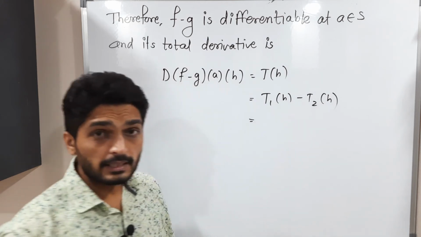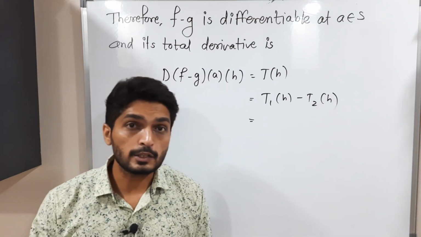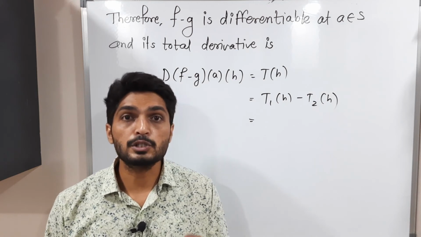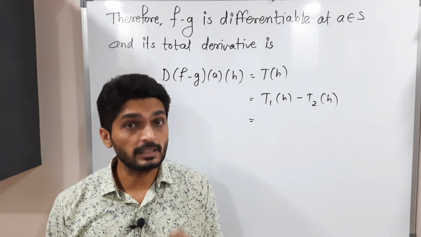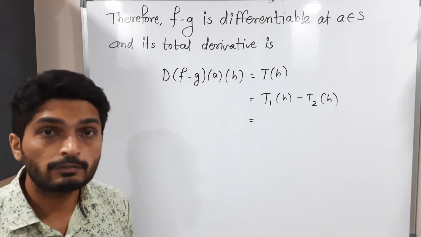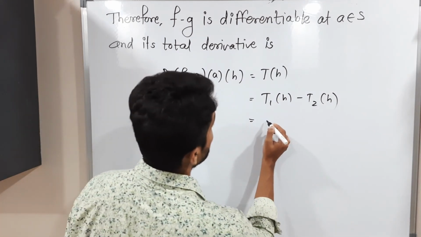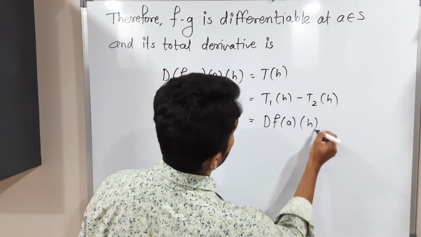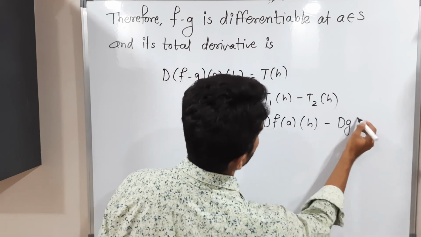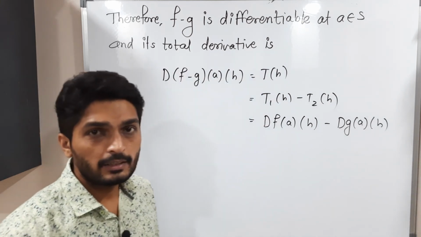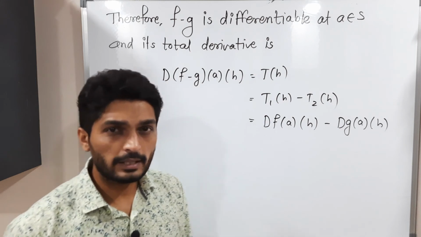T1 is the linear transformation corresponding to f, and T2 is the linear transformation corresponding to g. That means T1 is the total derivative of f at a and T2 is the total derivative of g at a. So therefore I can write this is total derivative of f at a of h minus total derivative of g at a of h. So actually we have operated those operators on h, and this is true for all h.